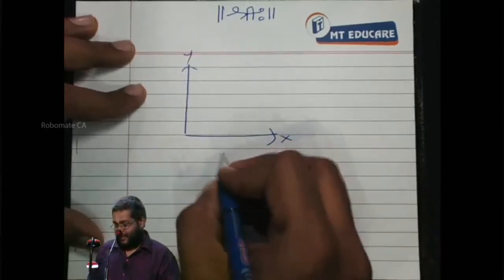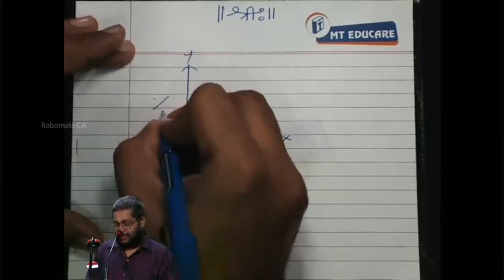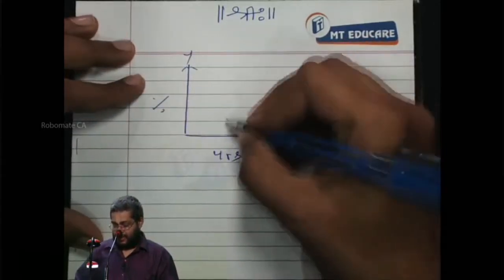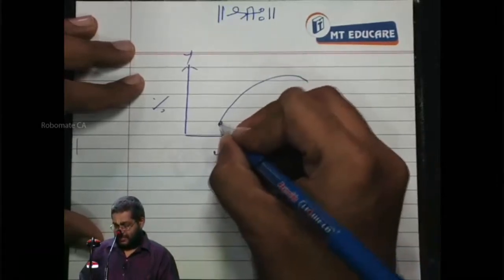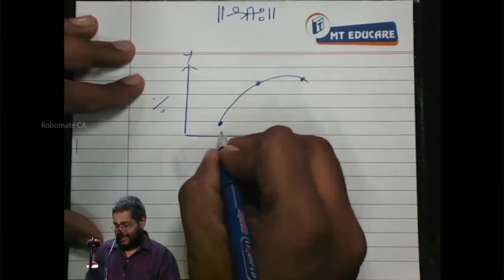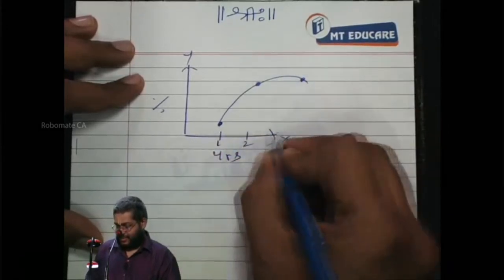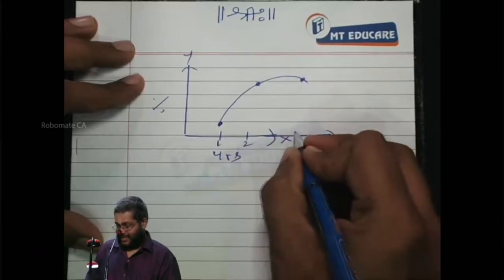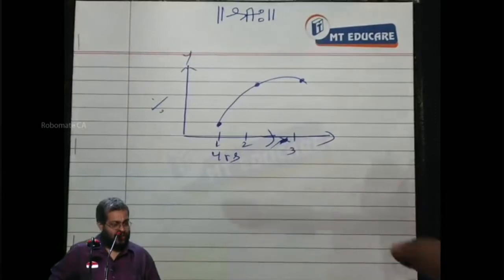This is the number of years, and this is the percentage. Simply draw like this. 1 year, 2 years, 3 years. That's all. Yield curve over. Finished copying or not?